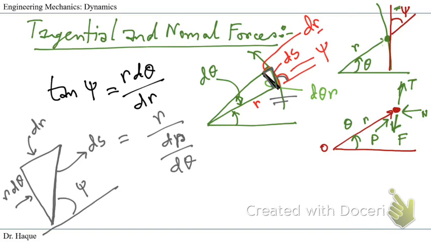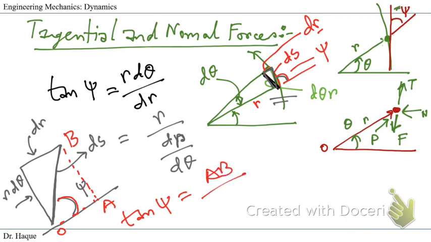Okay, so just to simplify, if we are looking for this angle, we can have this length and this length. So tan psi would be, if we take this as OAB, AB over OA, right?